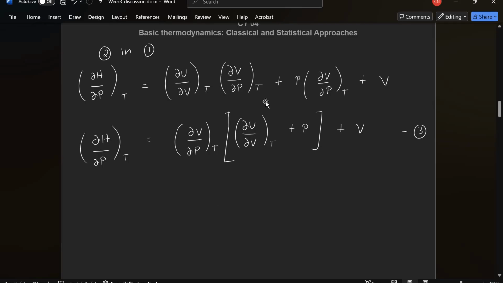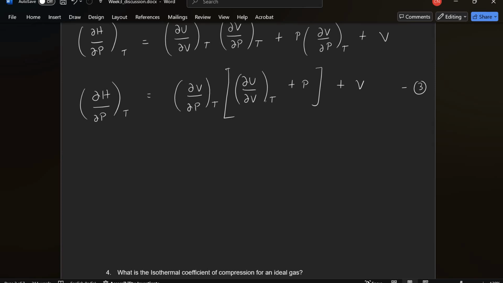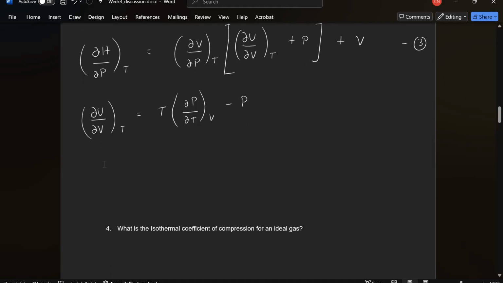Now we need all these terms: del U by del V and del V by del P. First and foremost, del U by del V at constant temperature is given by T del P by del T at constant V minus P. So now we know what this is.